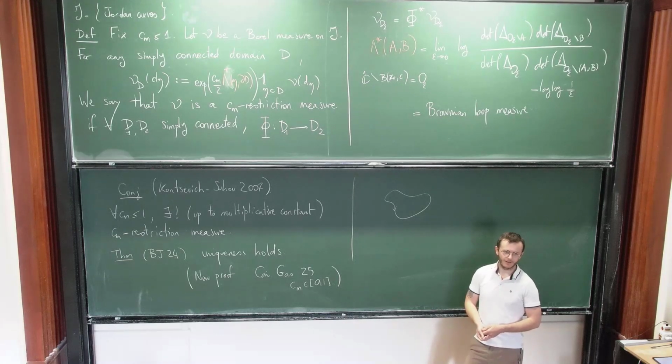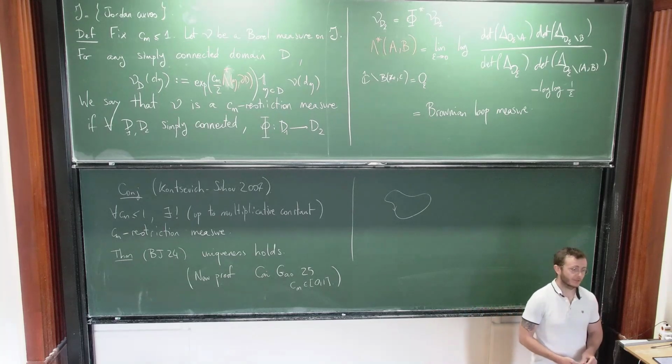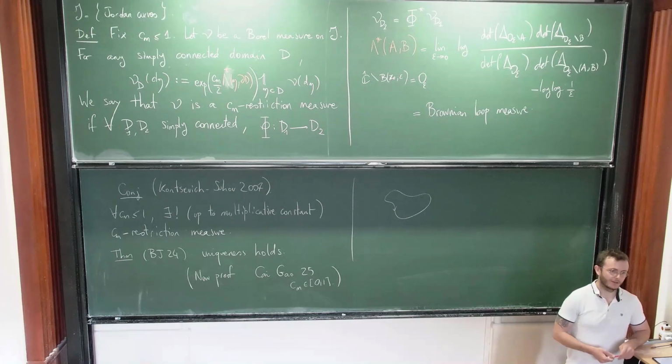They also show that the restriction measure doesn't exist when c is larger than 1. Maybe, this I don't know. Maybe they did that in a different context, because indeed they show some optimality results for some regimes, but I'm not sure it concerns the SLE loop measure.